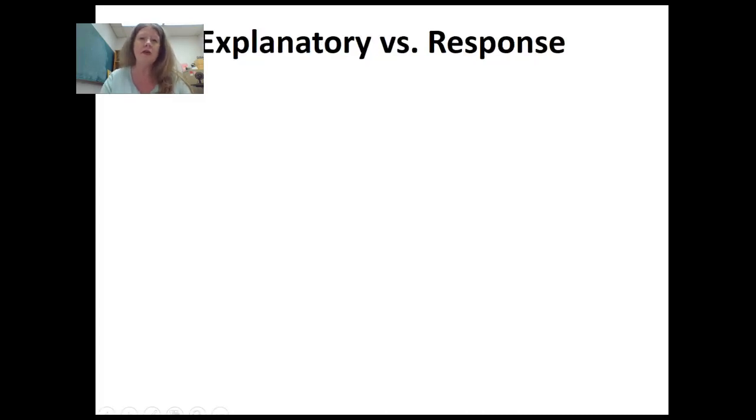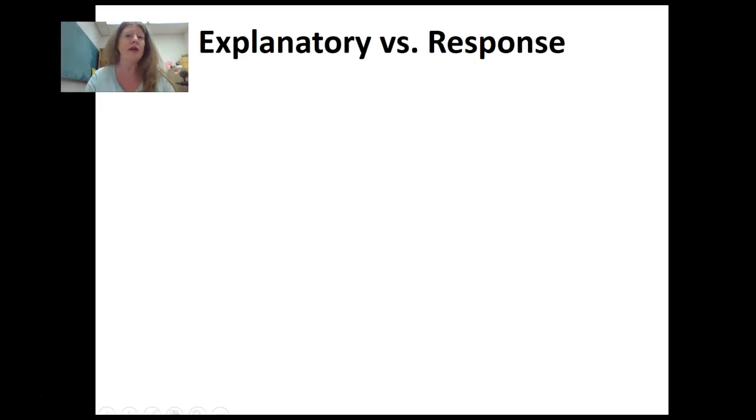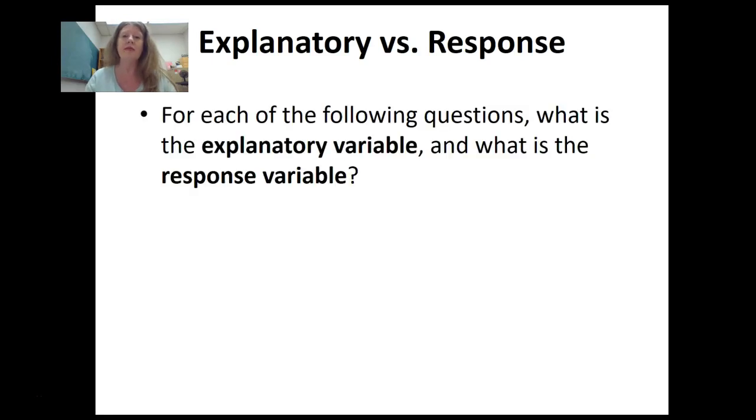And we'll talk more about that as we go along here. One thing that you're learning about in chapter 5 is the distinction between an explanatory variable and a response variable. We just want to make sure that you know the difference between those terms. You're going to see those terms a lot. We use these terms not just with experiments, but with observational studies as well. So what I'm going to do now is show you three different questions that all are based on actual news reports. In each one, I want you to see if you can identify what the explanatory variable would be and what the response variable would be.